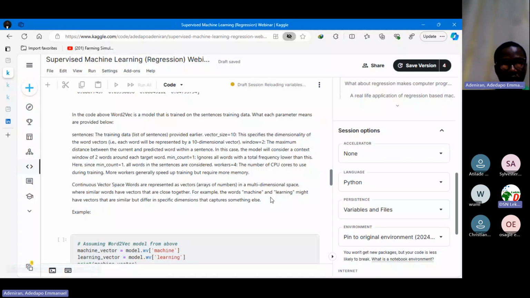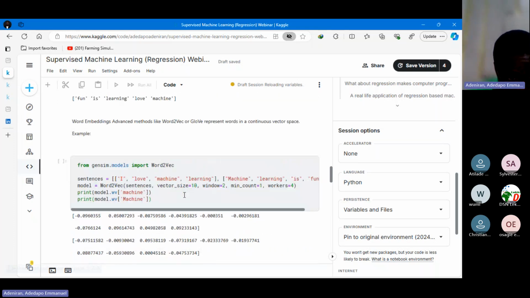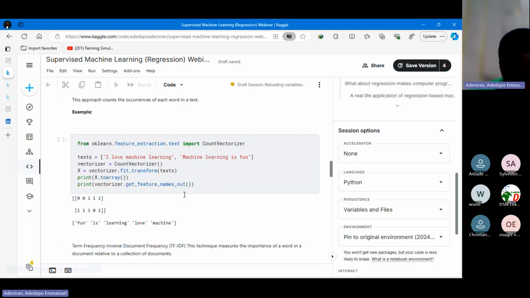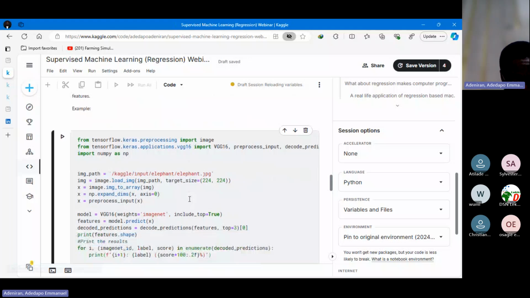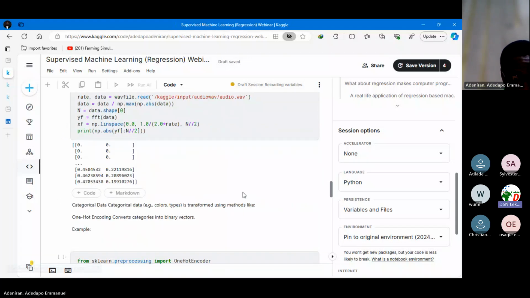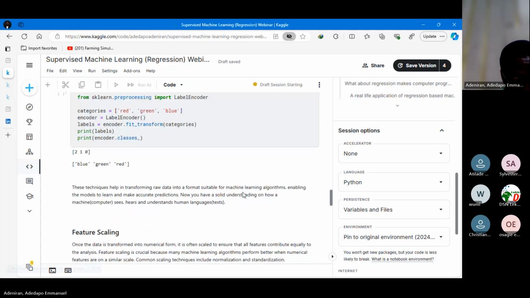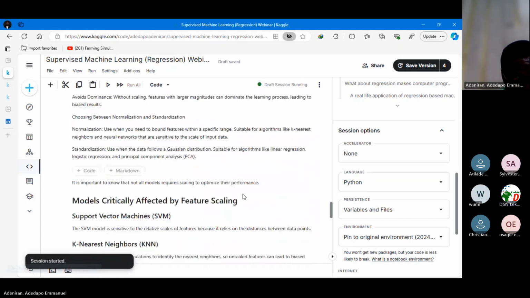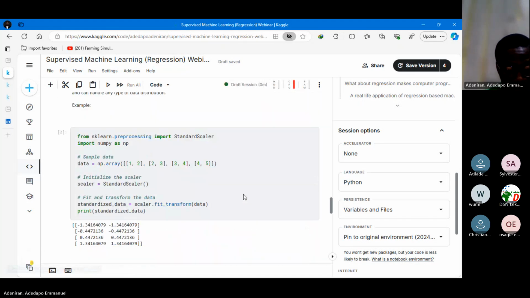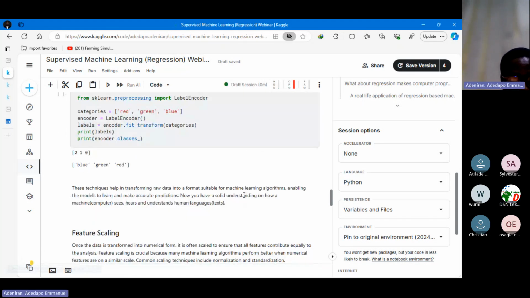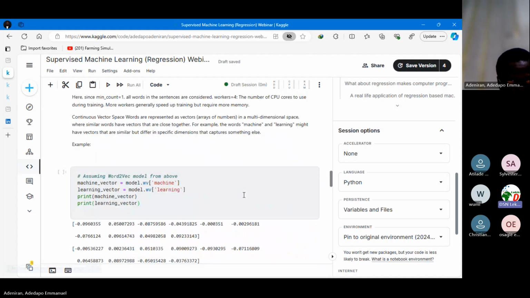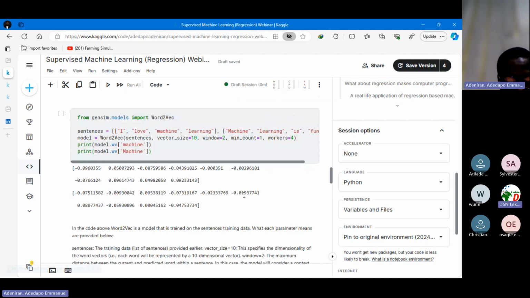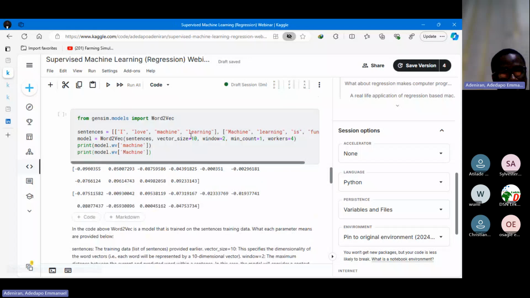Okay, good. So from the previous class, I remember a question was asked about this word2vec. So we'll briefly talk on that right now, the word2vec model.